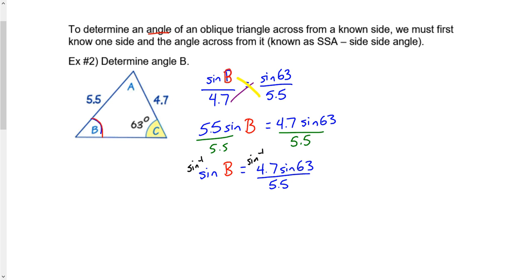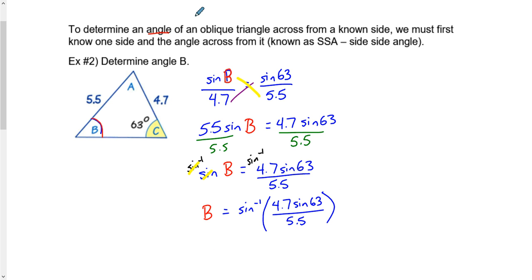So those skills that we've been working on since grade 10 are not actually going to be gone. Sines cancel off. We're left with b equaling sine inverse of 4.7 multiplied by the sine of 63 divided by 5.5.